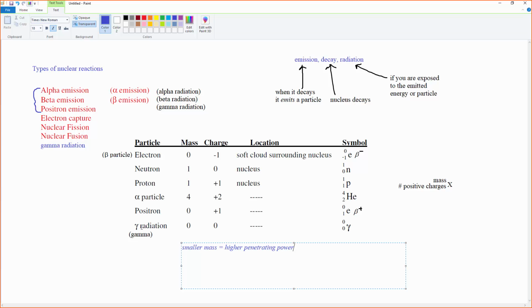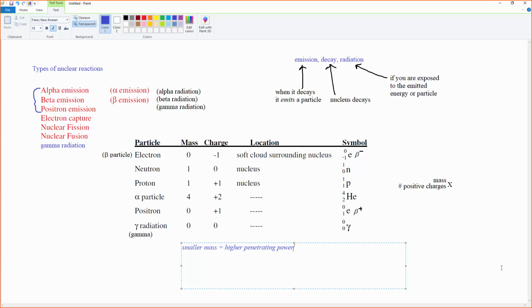But the gamma radiation is actually more energetic than the X-ray. It does have to do with the wavelength or frequency. In terms of the gamma radiation, because it is energy, it travels like light, right? It travels with a wavelength. Whereas, of course, your alpha particle and your electrons, them being matter instead of just pure energy, it has less to do with the wavelength and more to do with the mass that gets stopped by other matter.